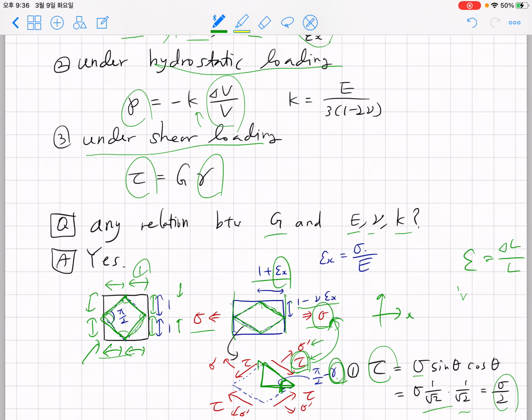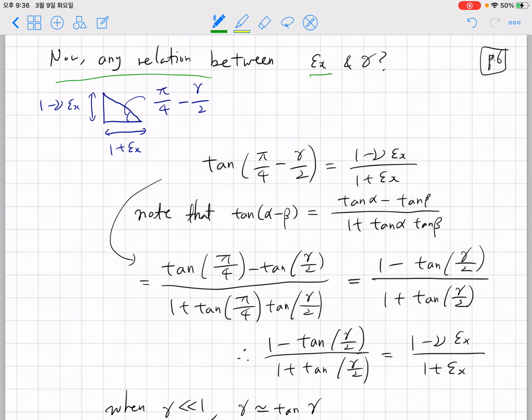For this triangle, it has 1 minus nu epsilon x, and the length in this direction is 1 plus epsilon x. This is how you write down its geometry. The angle is pi over 4, originally 45 degrees, but now after shrinkage it becomes pi over 2 minus gamma over 2, because gamma is the change of angle for this entire range.